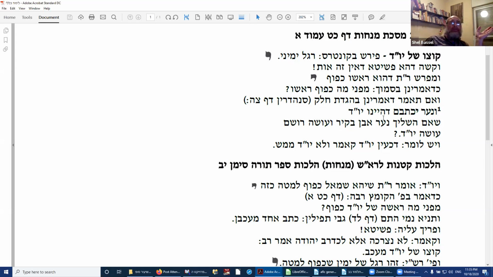It would be enough. So Tosafos answers for Rabbeinu Tam. Says, v'yesh lomar de'ke'ein yud ka'amar. That when it's talking about there in Sanhedrin, that Yishlich Nar Even Bakir V'oseh Roshem, it's talking about something that looks something like a yud, but lo yud mamash. Nobody would think that's a real yud.